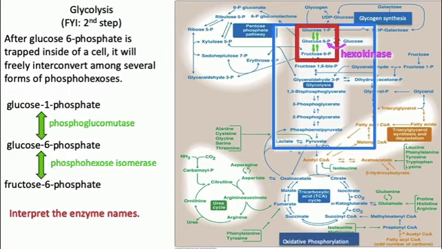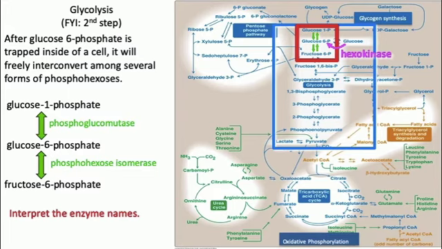I now want to look at the second step in glycolysis, where glucose 6-phosphate is not only trapped inside of a cell, but now it can freely interconvert between a glucose 1-phosphate form and a fructose 6-phosphate form. The enzymes which do this are called phosphoglucomutase and phosphohexose isomerase. It is a learning objective to know that an isomerase simply changes the isomer of a compound.